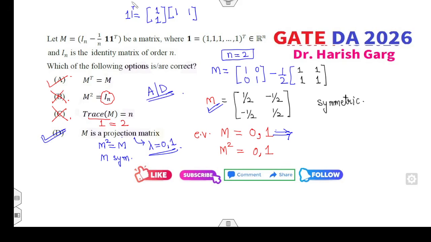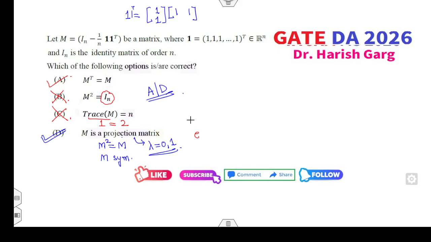Clear? You could also do this. Instead of taking n as 2, what will happen if I choose n as 1? Because it can be made in R as well. Then your M will be I of 1, the identity matrix. Fine. What is 1 into 1? It is only 1. So M is equal to 0.